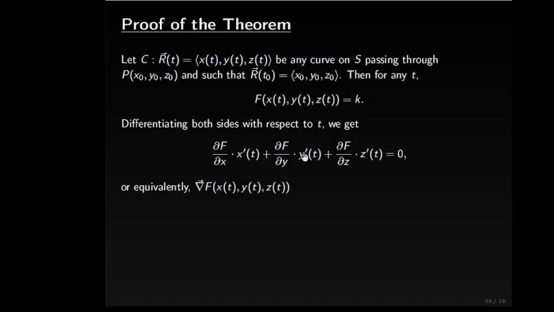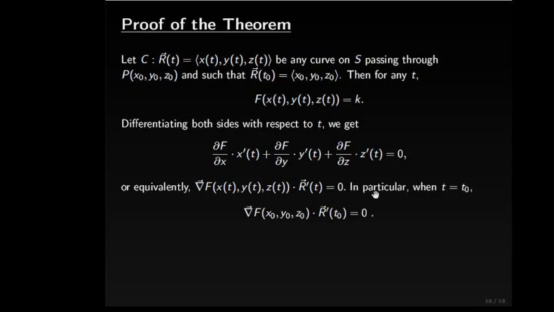Or equivalently, the gradient of f, which is just the vector of partial f with respect to x, partial f with respect to y, partial f with respect to z, dotted with r'(t), where r'(t) is (x'(t), y'(t), z'(t)), is 0.